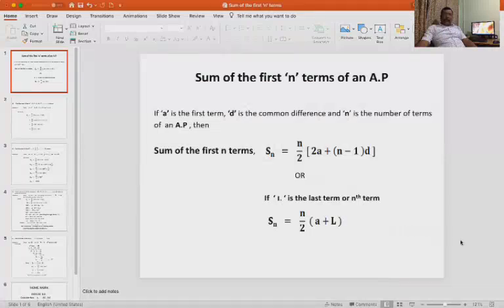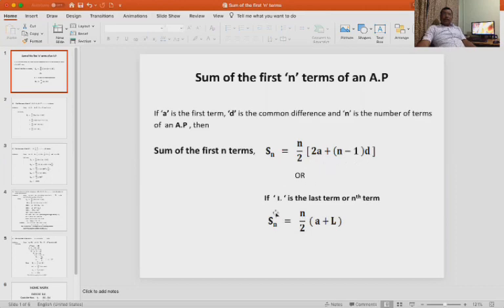Now, to find the sum of the first n terms of an arithmetic progression, we have to remember this relation: if a is the first term, d is the common difference, and n is the number of terms of an AP, then the sum of the first n terms, also denoted by Sn, is equal to n by 2 into 2a plus n minus 1 into d.